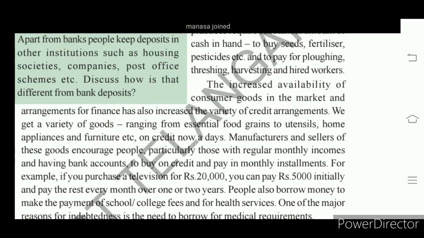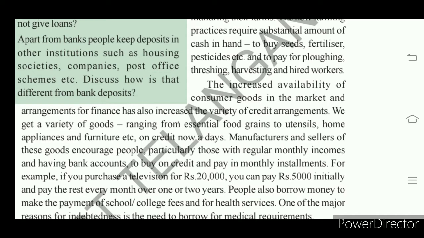We get a variety of goods, from food grains to utensils, home appliances and furniture. Today somebody takes credit to buy a mobile phone, or a television, LCD, refrigerator or washing machine. For different activities they need credit, that is, loan.